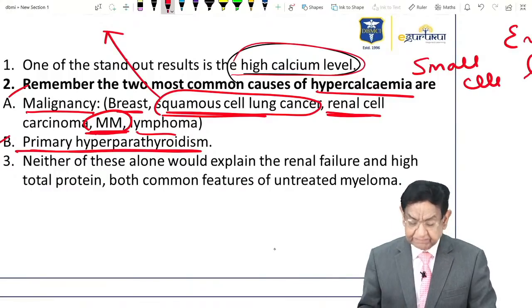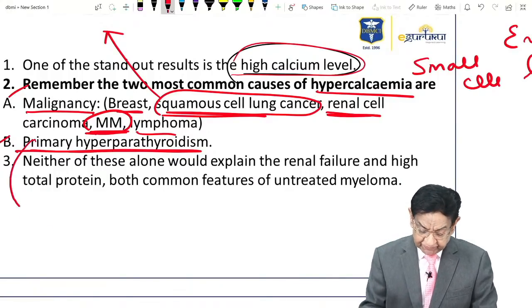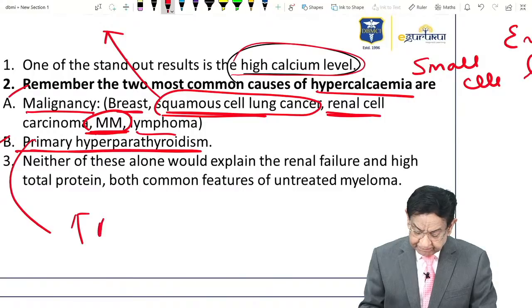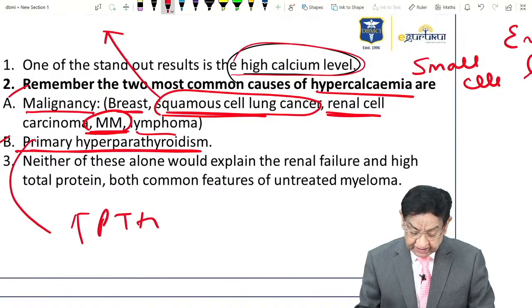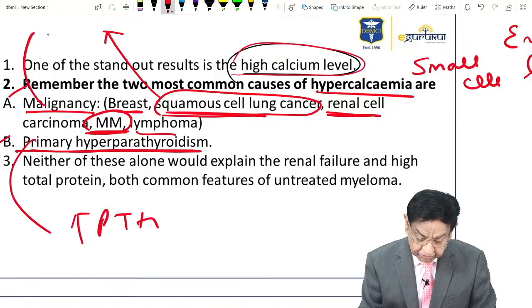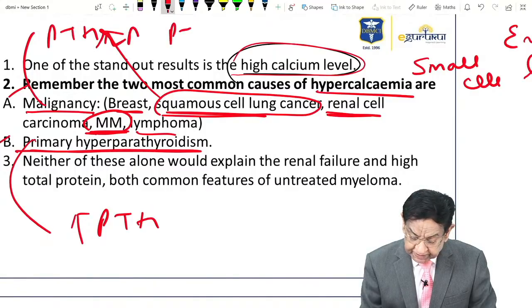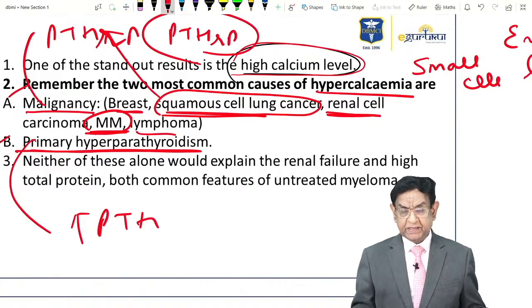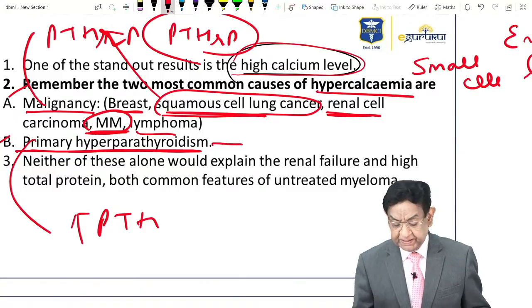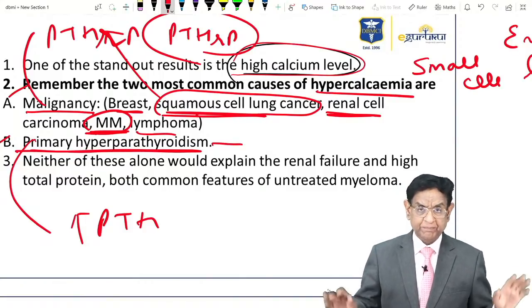The second entity is primary hyperparathyroidism, which is due to increased PTH secretion. In malignancy, they are due to PTH related polypeptide. So we are clear about it. In these cases, we will measure PTH; here we talk about PTH related polypeptide.